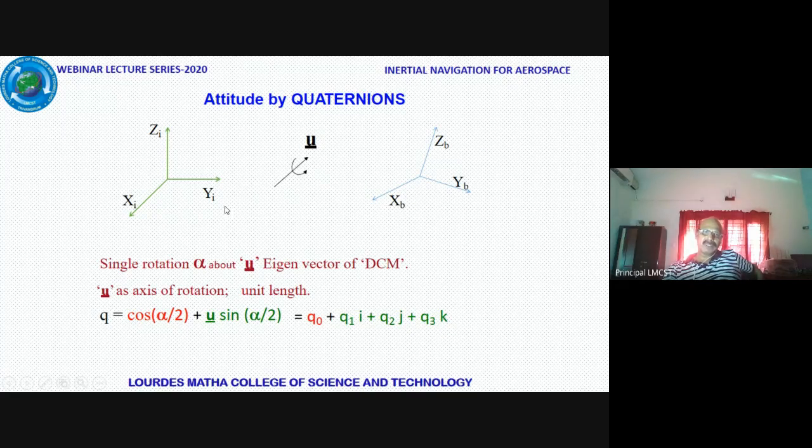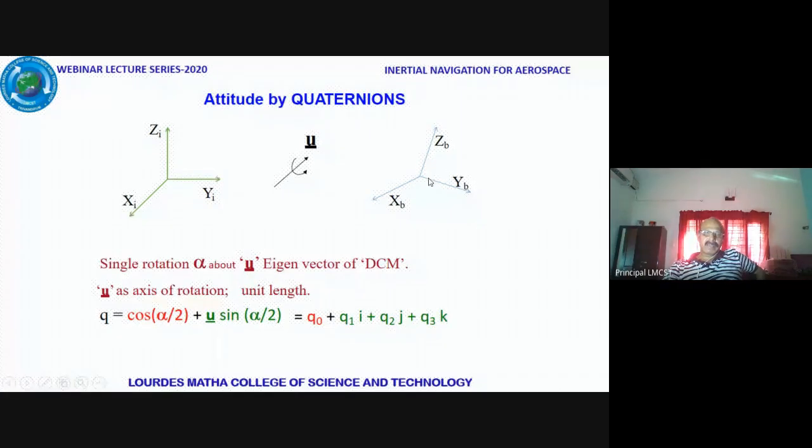So in order to tell this, only I was building my background. Otherwise, this we have already explained. Okay, let me repeat. We have 2 frames, I frame and B frame. Their angular orientations are different. Each one of them is orthogonal. Relating them, there is a transformation matrix or DCM. That DCM matrix has got an eigenvector corresponding to its eigenvalue plus 1.